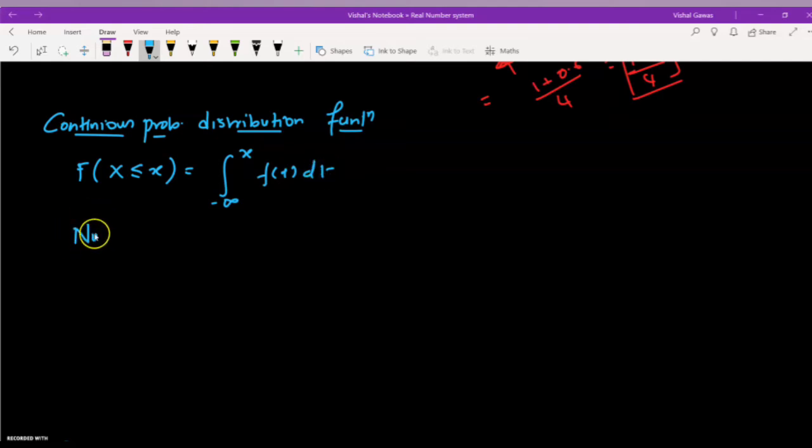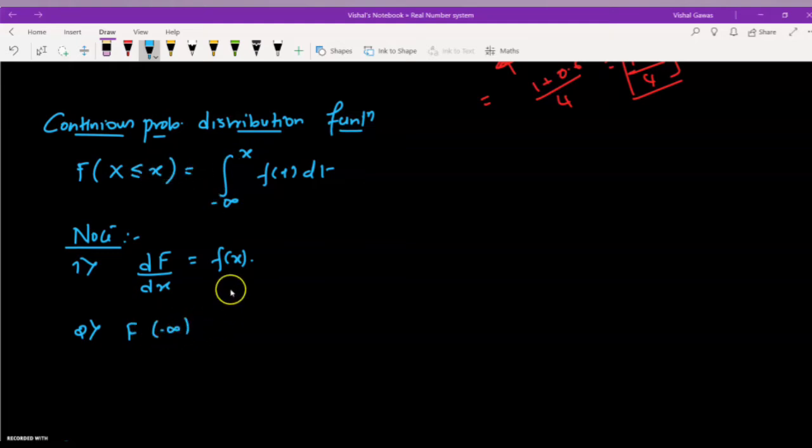So there are some remarks or notes you would wish to take. First one is, if I differentiate this, I get my f of x, right? So let's do that: dF by dx. Second one, what happens if I put x equal to minus infinity?